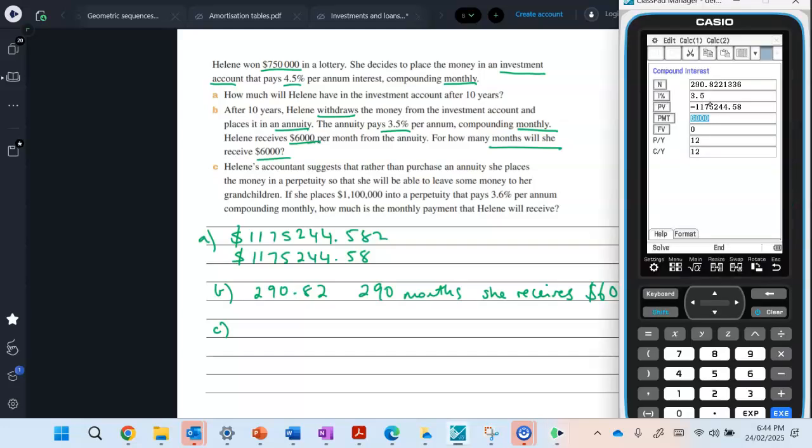Now, before we do that, I just wanted to say if you want to know how much the final amount is, you can just go to 291 and go to future value. So that's how much you should be getting. So if I did 290, let's change that back and go to future value.